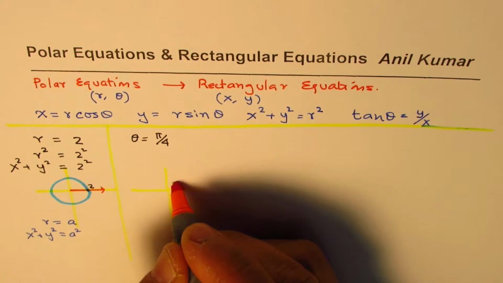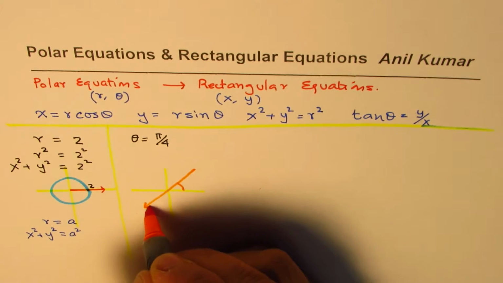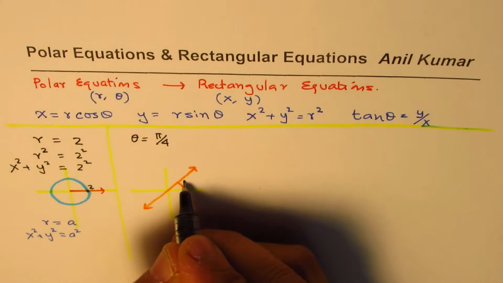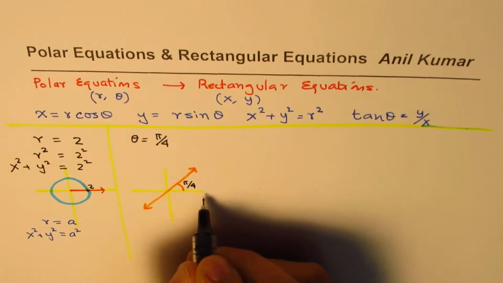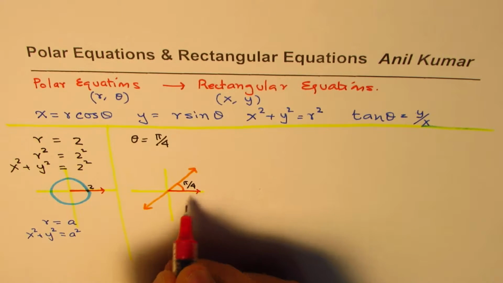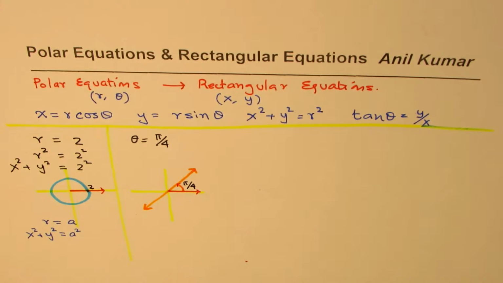That means the angle is pi by 4. So in polar coordinates, we should have a straight line, right? With pi by 4 as the angle with the polar axis, right? It will go through the pole, and with the polar axis, it should make pi by 4 as an angle. So that is the line, right?